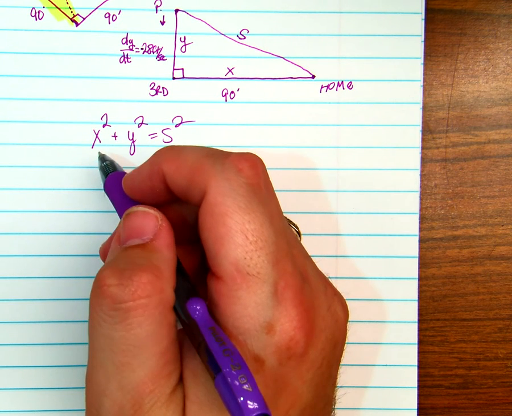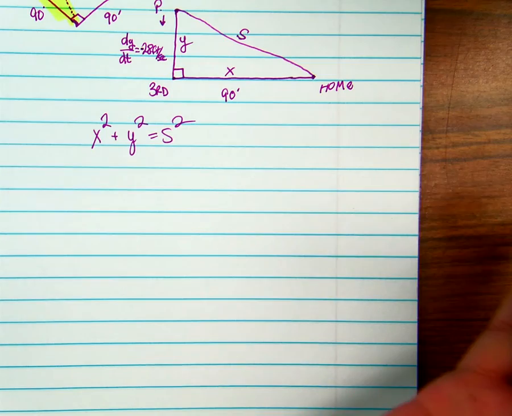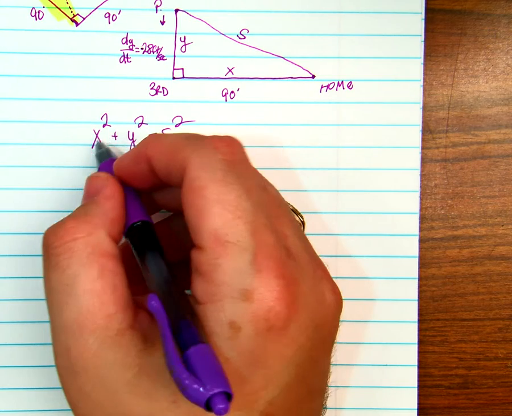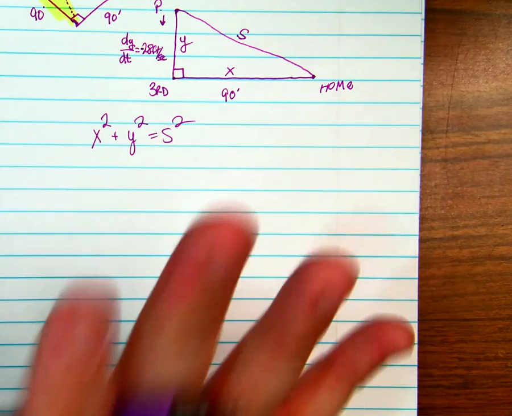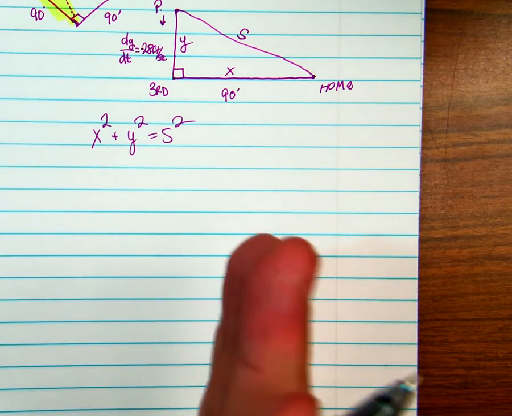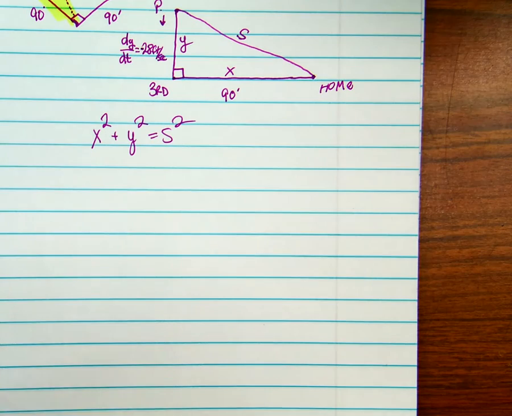That's all that is. Take the derivative of this. Hopefully by now we've seen a right triangle problem.